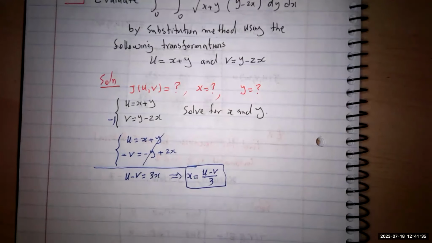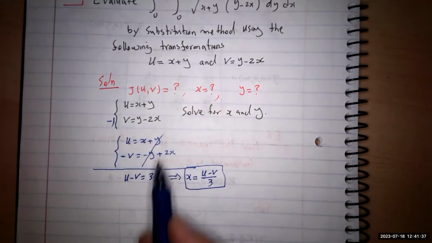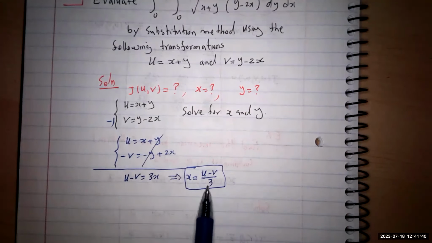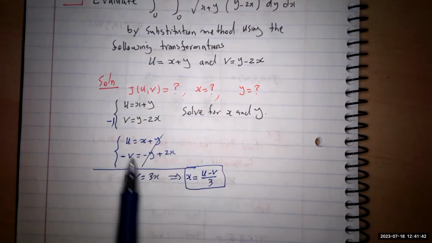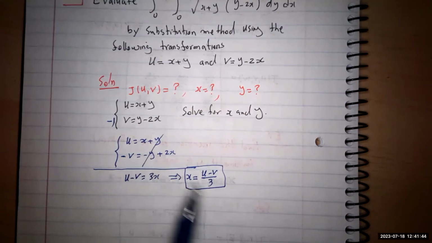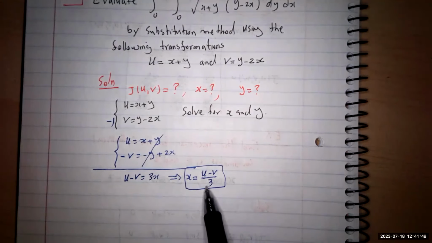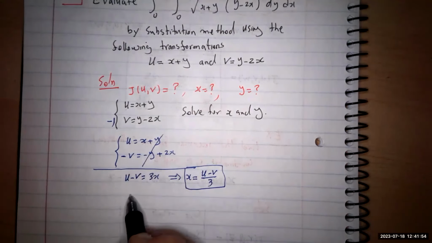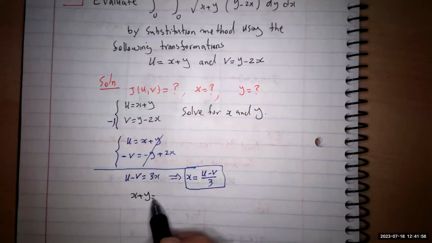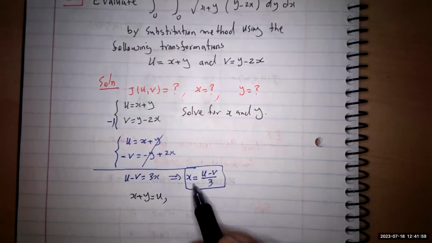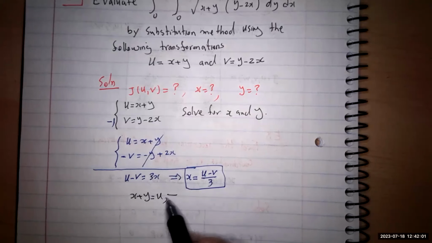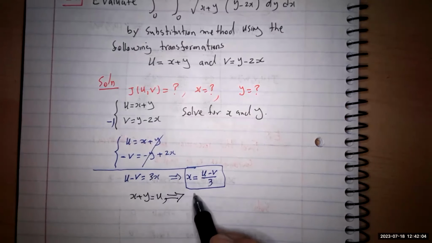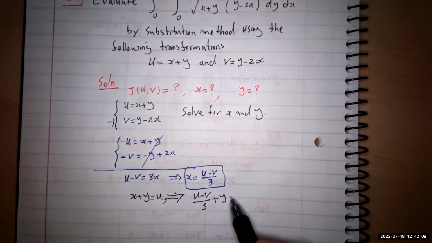Now I need to find the y. You can do the same thing, or you can use substitution; it depends which method you are going to use. I'm going to use this one: x plus y equal to u, and I substitute the x, so u minus v over 3 plus y equal to u.